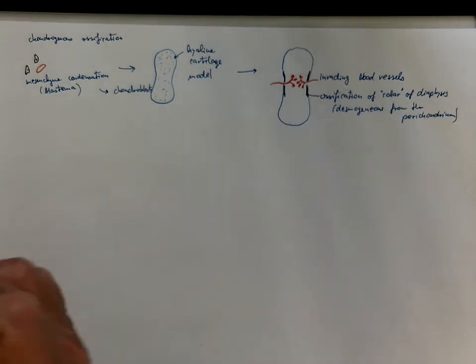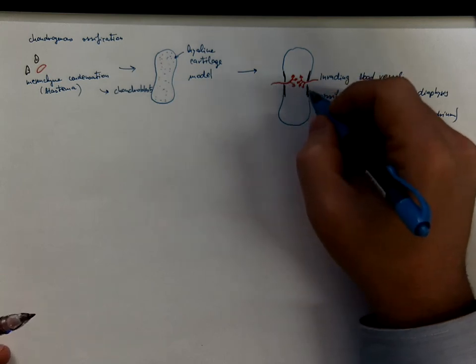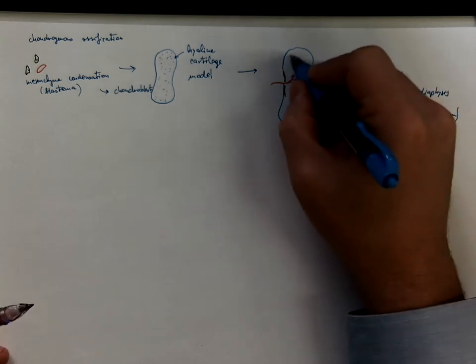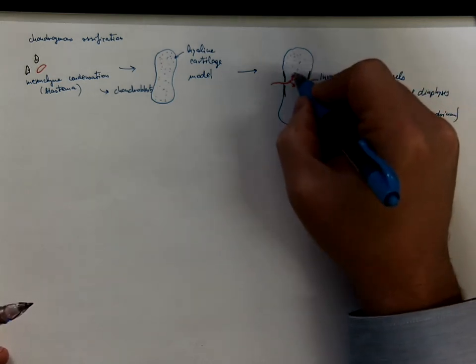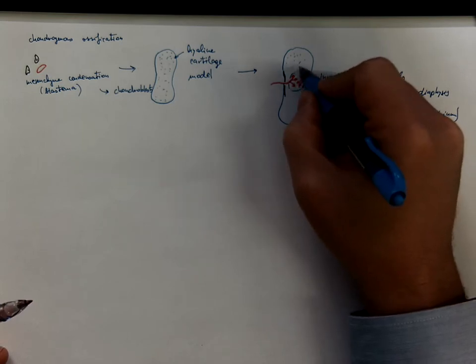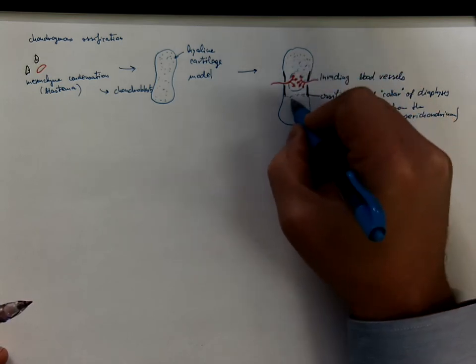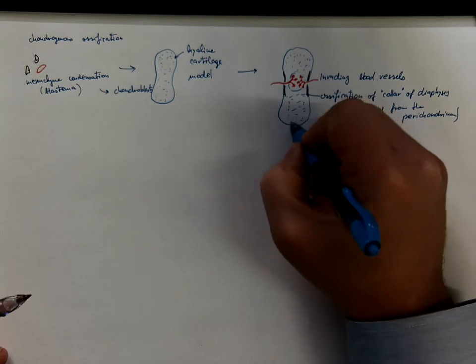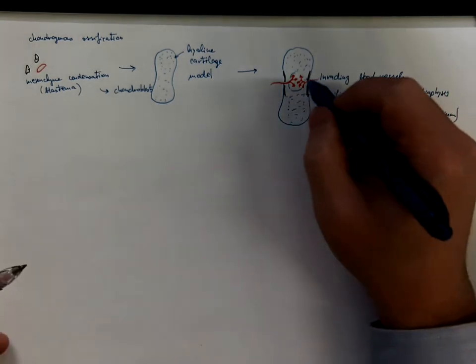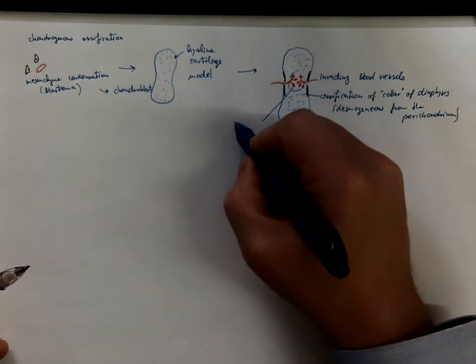The rest is still cartilage. There is a destruction of cartilage in that zone, which is called the primary ossification center.